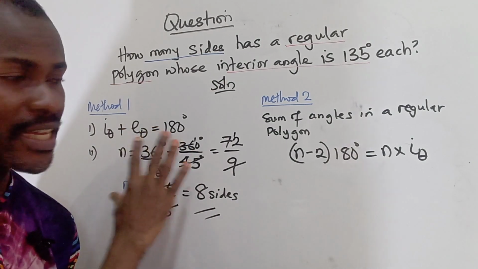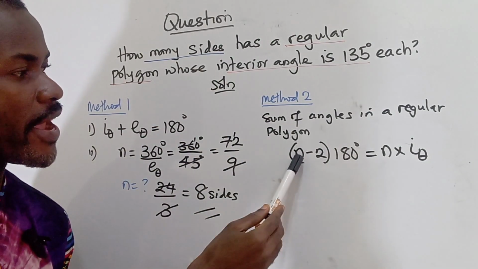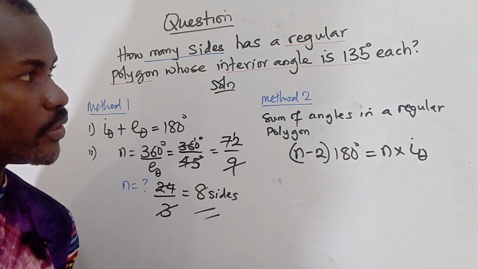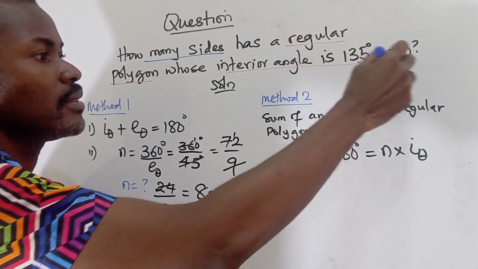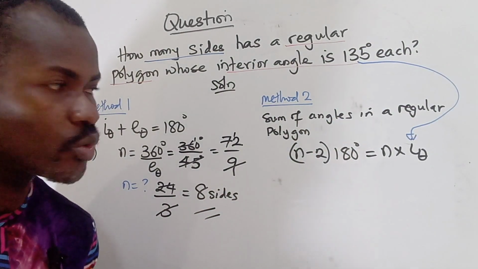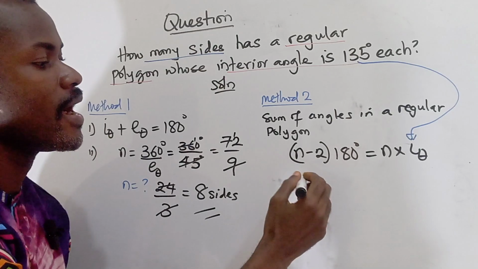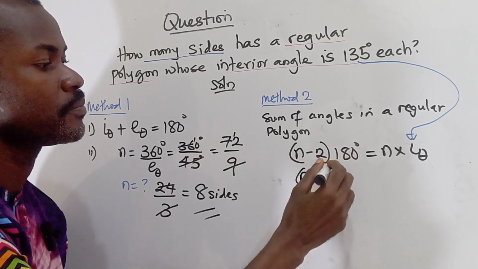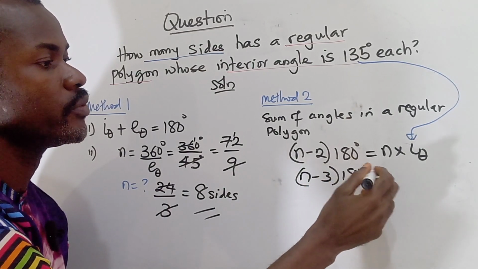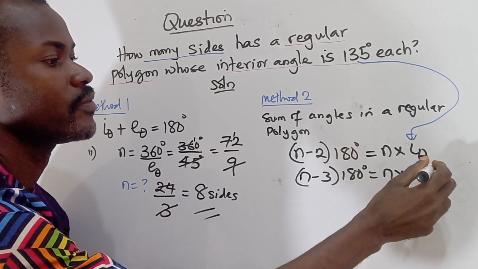if you don't want to use this approach, you can use this approach. We are also looking for N here. We already know the interior angle, so all I need to do is quickly substitute that and simplify further. So I have N minus 2 times 180 degrees is equal to N times 135 degrees.